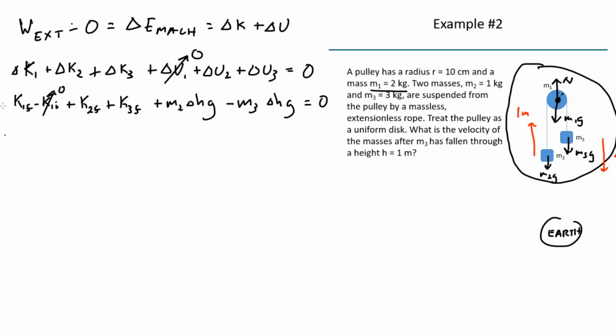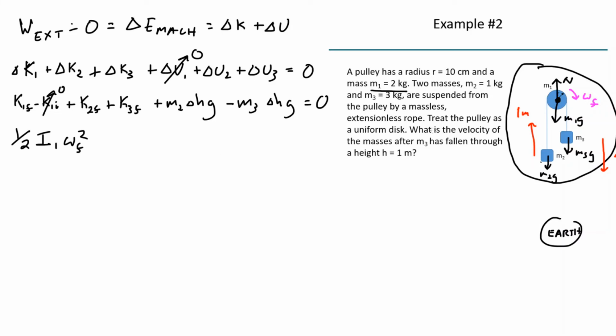K1 final, well, the pulley isn't going to be moving, it's only going to be rotating. So at the end, this pulley is going to be rotating with some angular velocity, omega final. So this K1 final is going to be 1/2 I1, the moment of inertia of the pulley, times omega final squared.